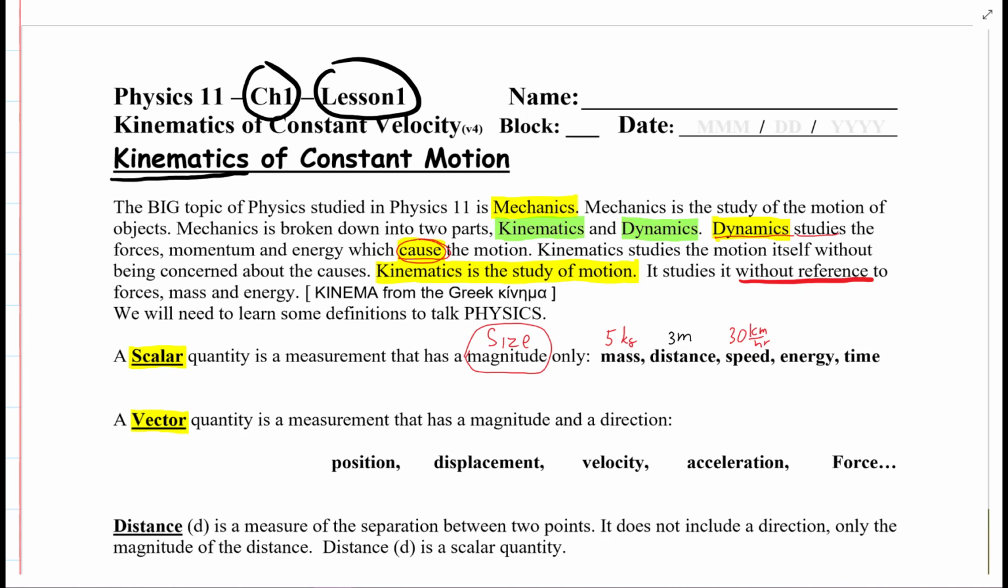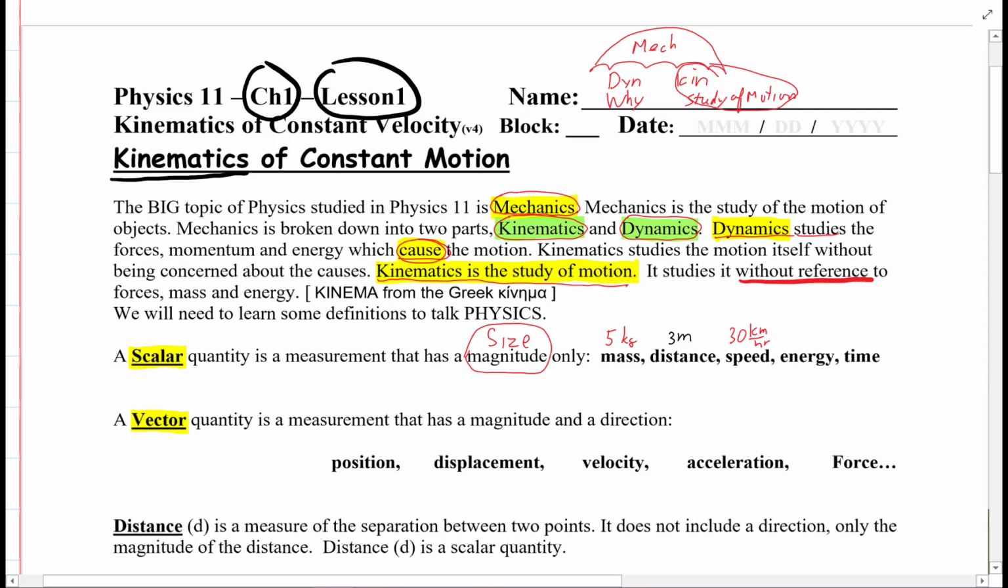So again, examples of scalar, things that only have size: mass, which is like 5 kilograms. Distance, an example is 3 meters. Speed, which is 30 kilometers an hour. And let's move to energy.